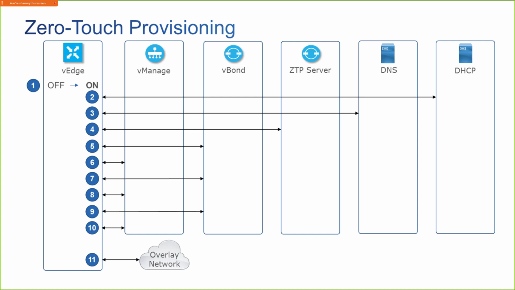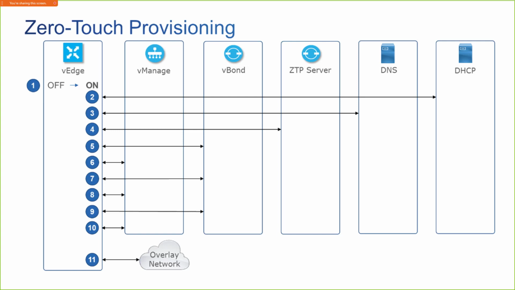My first thing is we always connect the vEdge device to some sort of WAN transport. Obviously that's technically the first thing that has to happen, even though they don't mention that here. The first thing they say is we're going to power on the device, right?